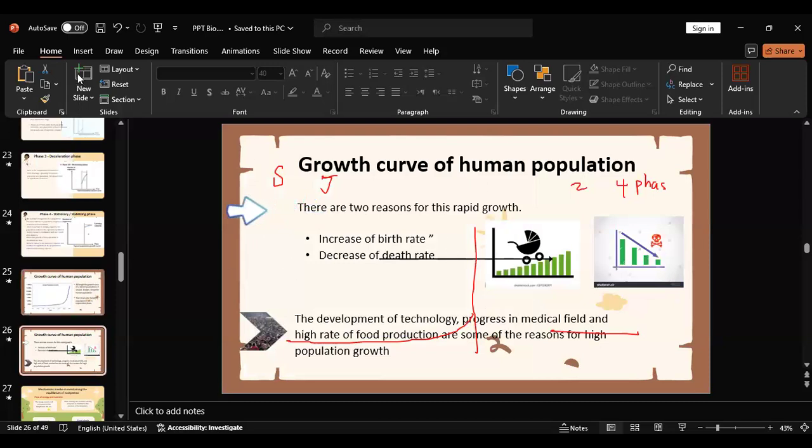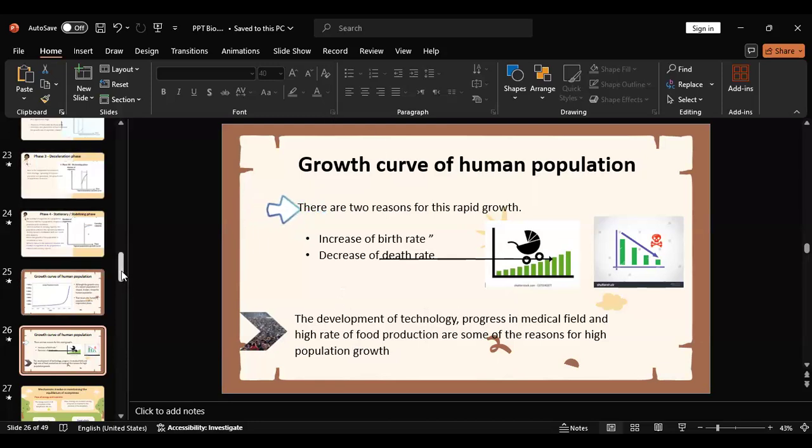Here you see the growth curve of the human population. There are two reasons why the population looks like this: increased birth rate and decreased death rate. So that's why the growth curve of the human population looks like a J shape, still in the exponential phase, because of technological advancement.